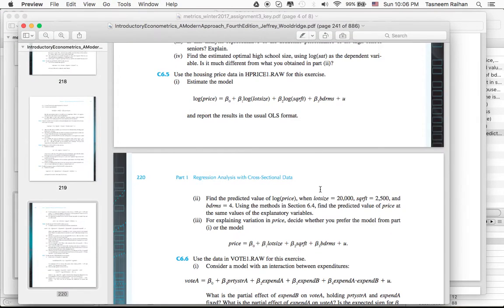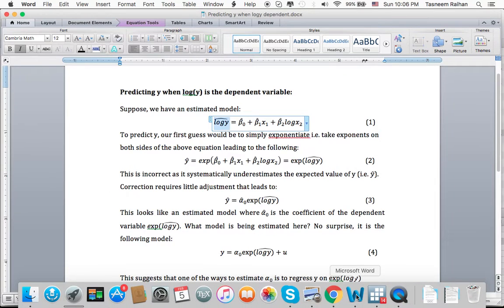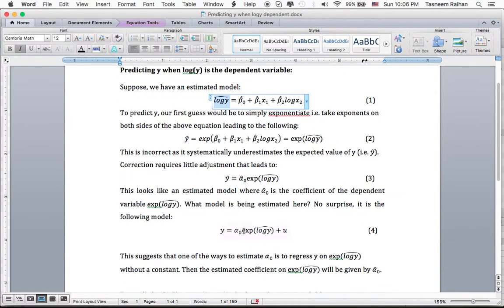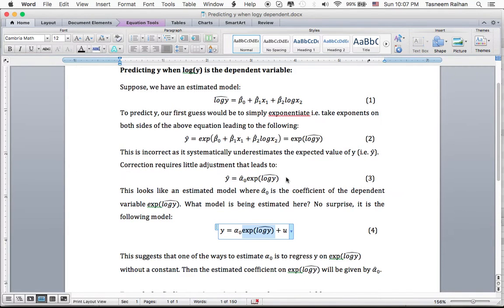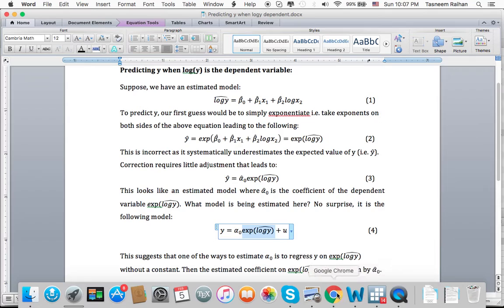So m hat was this. What we have tried to do here is compare the model in level, which we estimated in Stata.